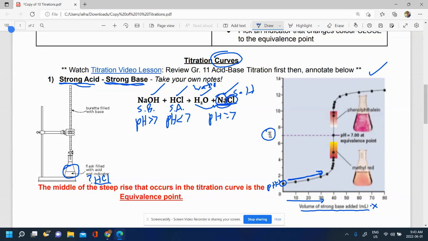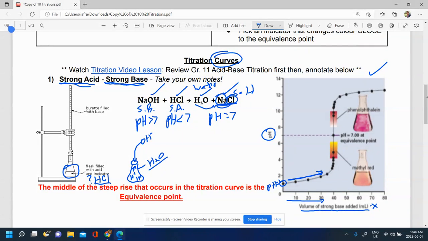This makes sense because your flask initially is going to be filled with, this is my poorly drawn flask here, some H+. There's also OH- in there, but it's mostly H+, because you have HCl. As you start the titration, you're going to add some OH-, and that OH- is going to grab some H+, and you're going to make some H2O.